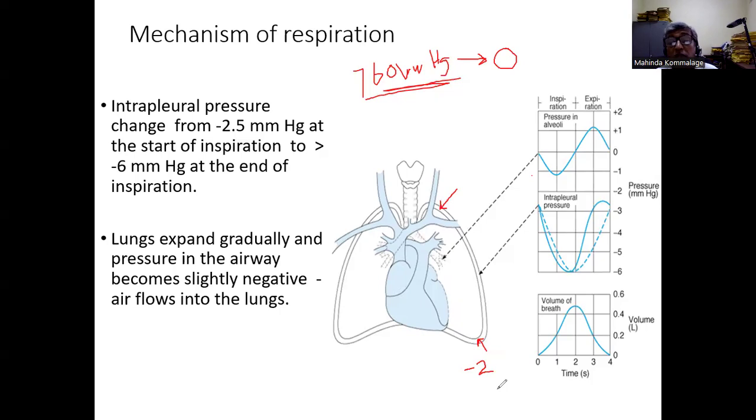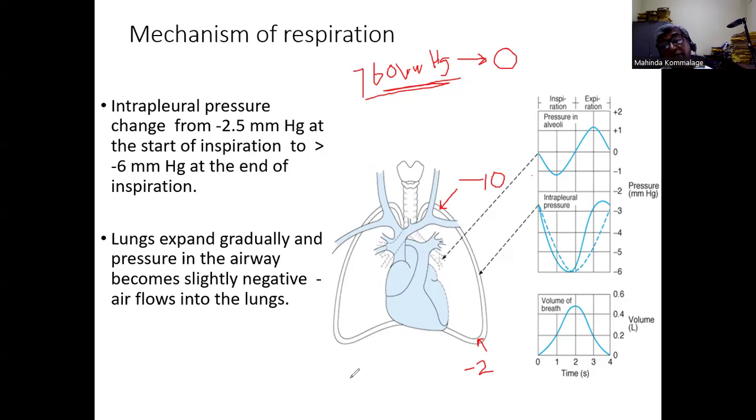Let's say -2. But in the same situation, the value at the top is about -10. Here -2. Which pressure is high? Base or top, interpleural pressure?